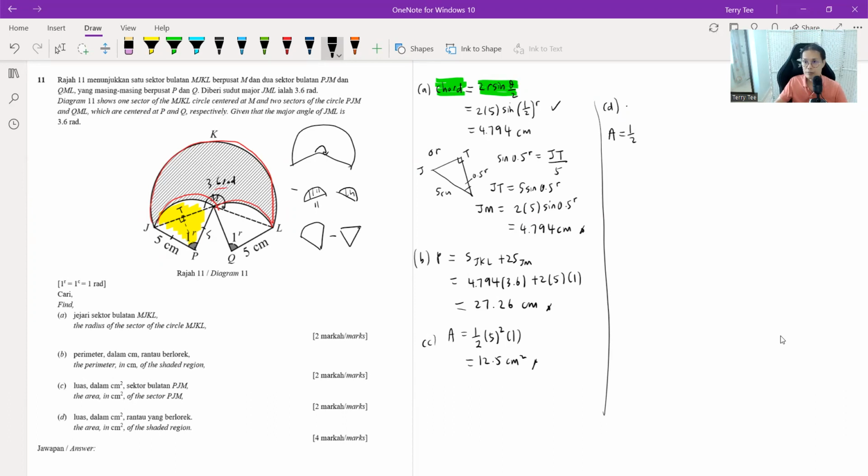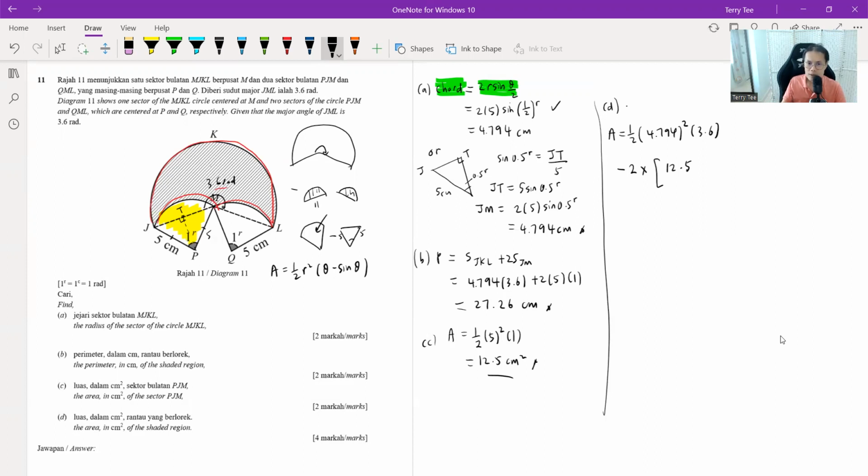The big sector, the radius is 4.794, your theta is 3.6. You must minus 2 times the area of a segment. For this segment, I always teach my students to use half r squared theta minus sine theta, which is a faster way. However, since I already know the area of the sector earlier, I just use the result. I don't want to use half r squared theta minus sine theta, although you can just substitute inside. So the area of the sector we know is 12.5. Now this is a triangle, and I like to use half ab sine C.